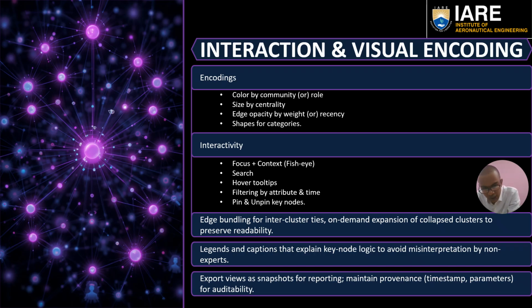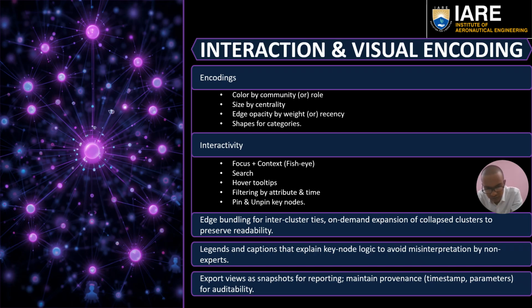And interactivities are of five types. First one is the combination of focus plus context or fisheye interactivity, search interactivity, hover tooltips interactivity, filtering by attribute and time, pin and unpin interactivity of key nodes.